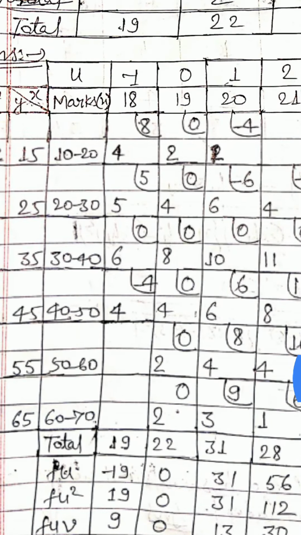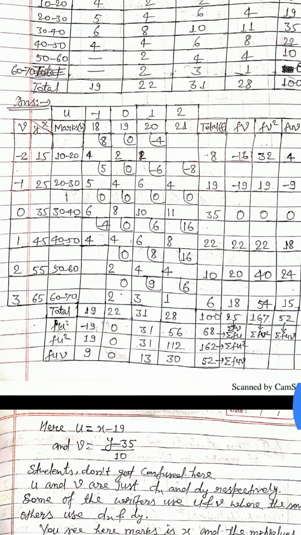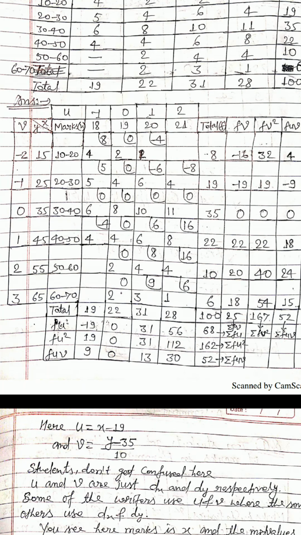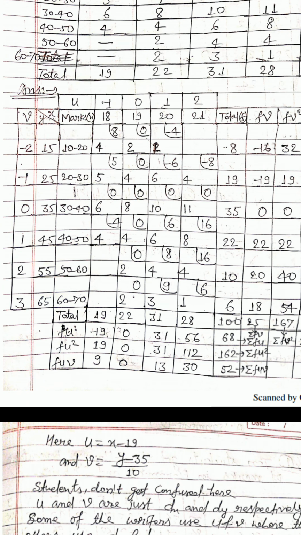This 8 comes from the multiplication of this 4 just below it, and the minus 2 to the left of 10 to 20, there is 15, and to the left of 15 there is minus 2. So minus 2 is multiplied by 4, and that is multiplied by minus 1. So what we get is minus 2 into 4 into minus 1, that is 8.